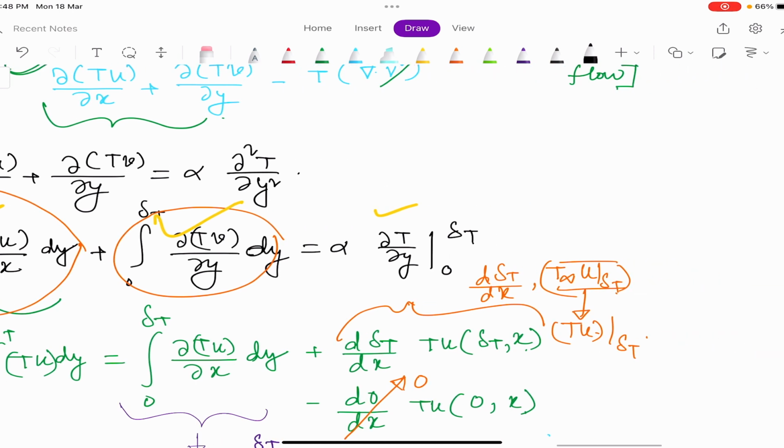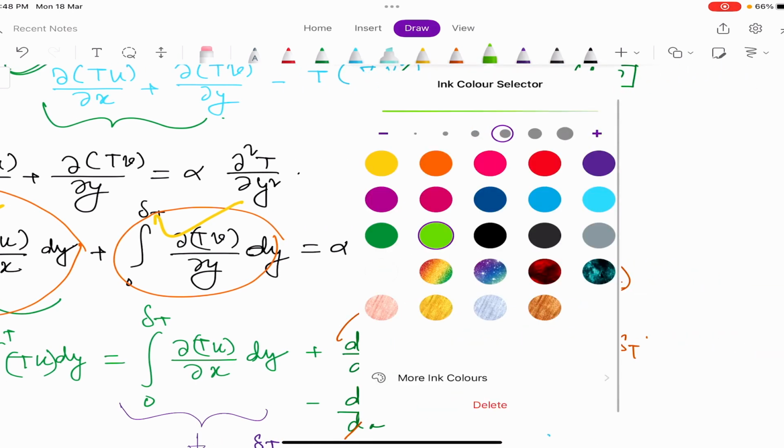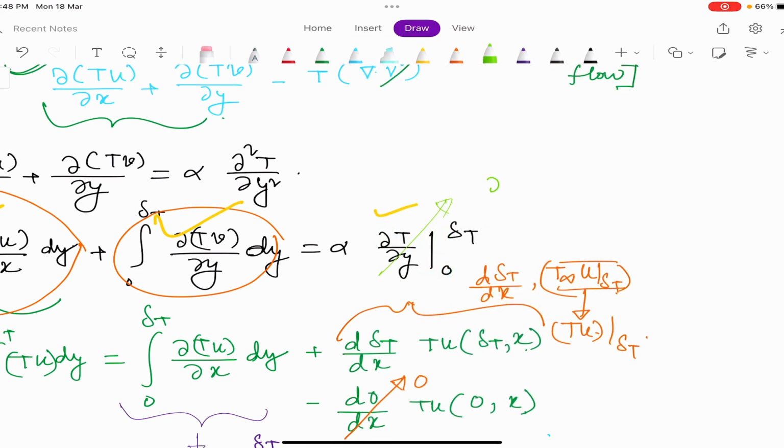Because this term will be del T del y at y equal to delta t minus del T del y at y equal to 0, but we know that this is 0, right? Because at the edge of the temperature boundary layer, the slope of the temperature profile becomes 0.